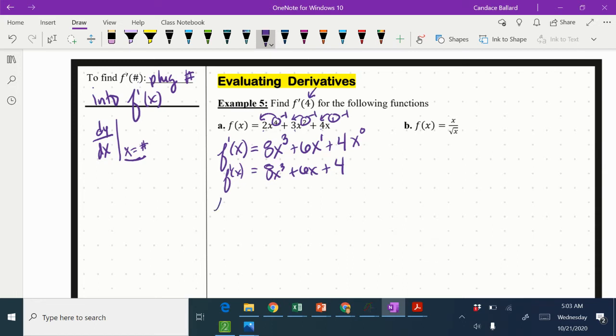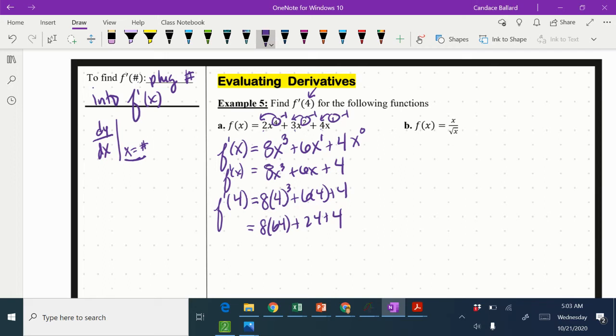Now I'm going to plug in what they gave me. They told me to plug in a 4. So f prime of 4 equals 8 times 4 cubed plus 6 times 4 plus 4. So let's see, 4 cubed is 64, plus 24 plus 4. I've got to pull out the calculator, sorry.